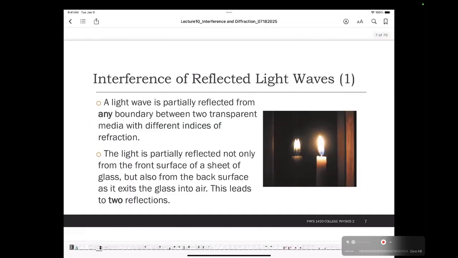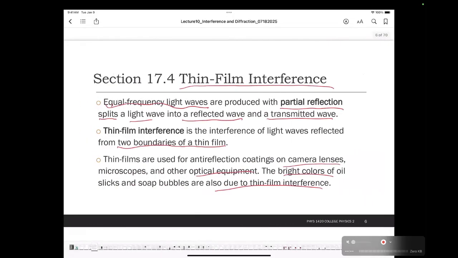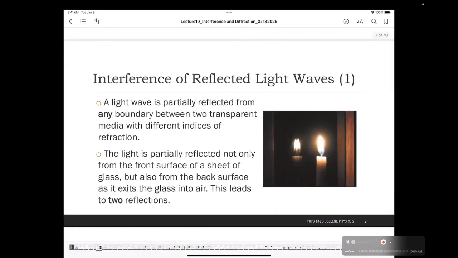Okay, firstly, let's talk about interference of reflected light waves. Like we said, the thin film with its interface will split a light wave into two different waves. One is a reflected wave, and the other is a transmitted wave. Firstly, let's talk about the reflected light waves.